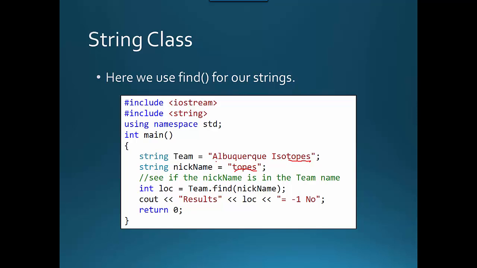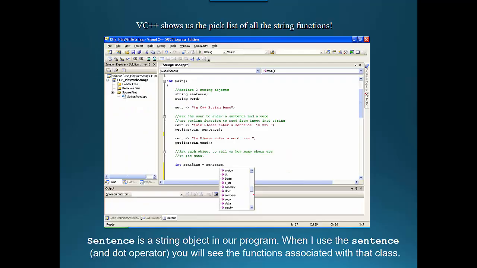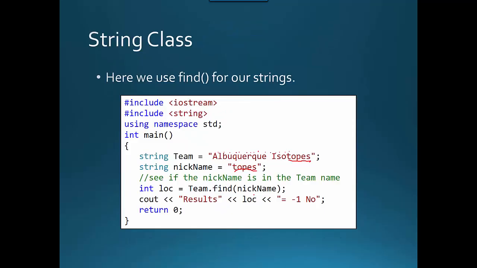All your sequences will start with 0. So 0, 1, 2, 3, 4, 5, 6, 7, 8, 9, 10, 11, 12, 13, 14, should be something like 15. So that would return the value 15, which would be placed into location. And if it doesn't find it, the find function will return a result of -1.